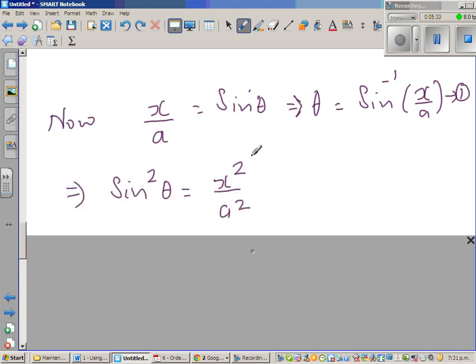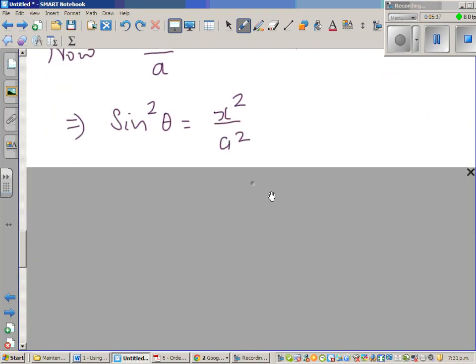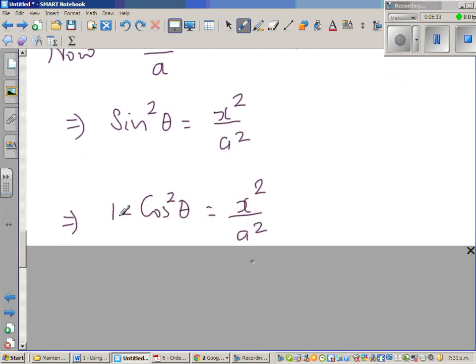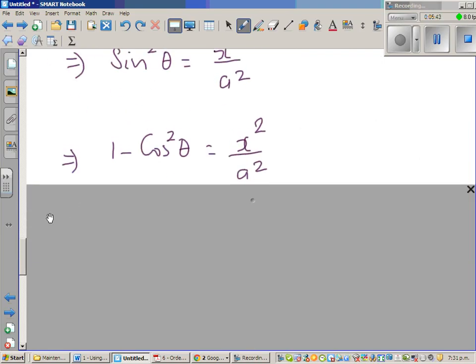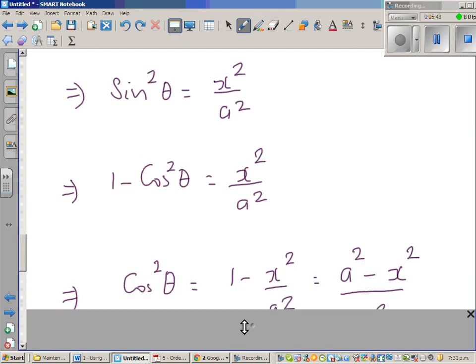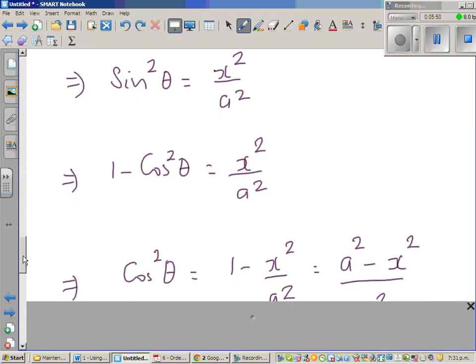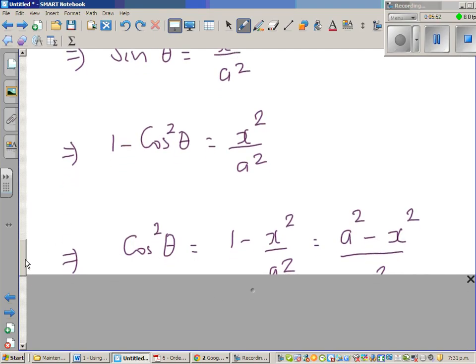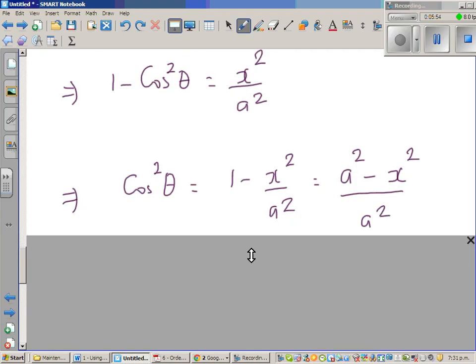If you square both sides, sine squared theta is x squared over a squared, which is nothing but 1 minus cos squared theta is equal to x squared over a squared. The next step is, if you make cos squared the subject, cos squared is 1 minus x squared over a squared.